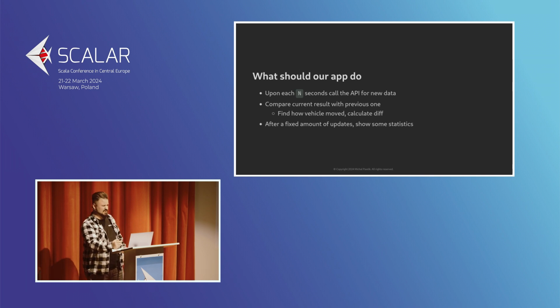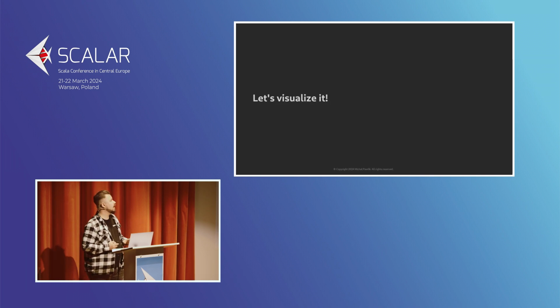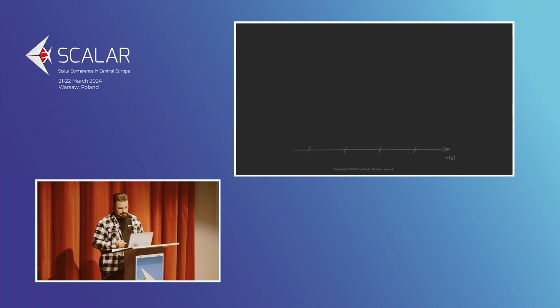So just to give you a visual understanding of what's happening, there's a timeline, and this is what's going to happen. First of all, we're going to execute this API call, and we will produce, think of it like, a map of the positions, right? But we have nothing to compare with, so moving on to another API request. Once we have 2 results, we can compare them and calculate the difference.